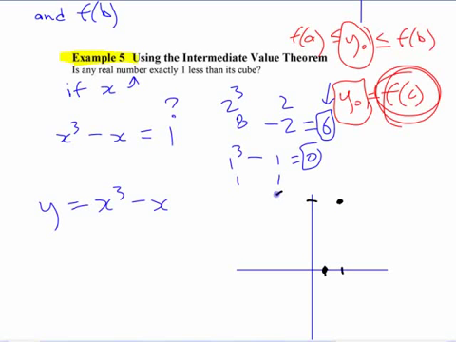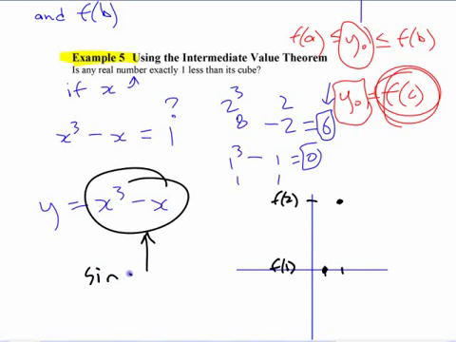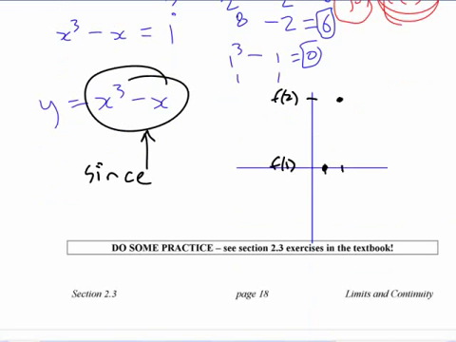If f of 2 is 6 and f of 1 is 0, it has to hit this because we know this is a continuous function. Since this is continuous, all polynomials are continuous.